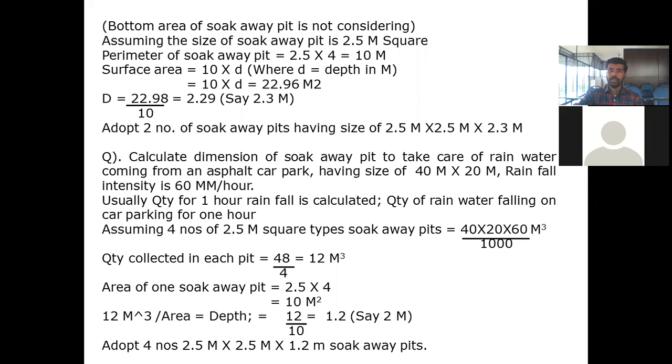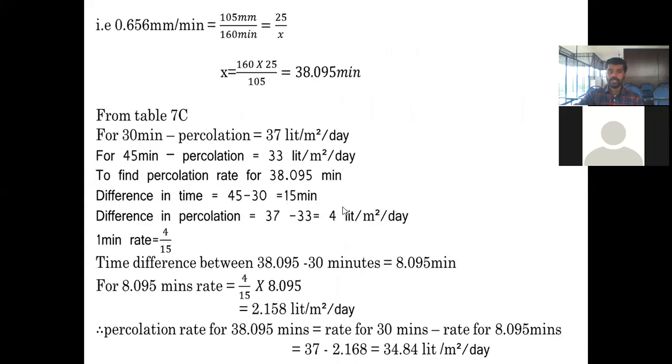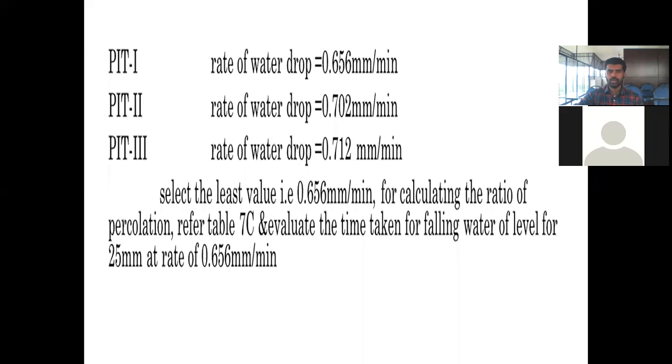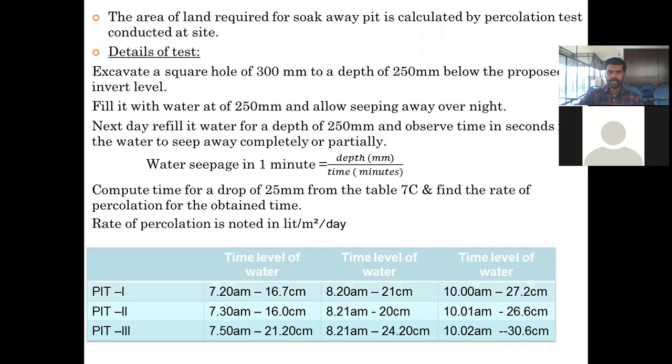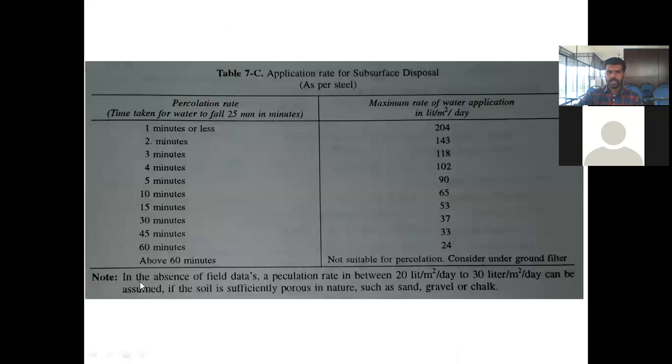If you didn't get the site data, you can choose according to the NBC. In the absence of field data, a percolation rate between 20 and 30 can be assumed. Okay, 20 and 30 means the percolation rate is very low.